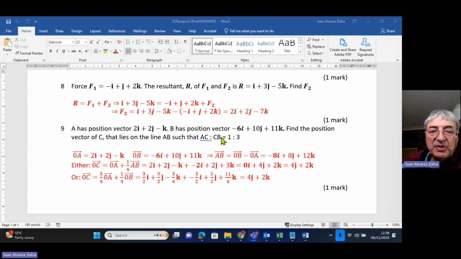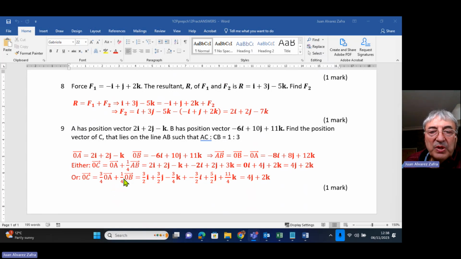So if C divides the line in the ratio of 1 to 3, then to get to C from A, we want to travel a quarter of the way along this line. And therefore the position vector of C from O is travel to A from O, and then travel a quarter of the way along AB. And so if we multiply this vector by a quarter and add it to OA, we get the position vector of OC. An alternative way is to do a weighted average.